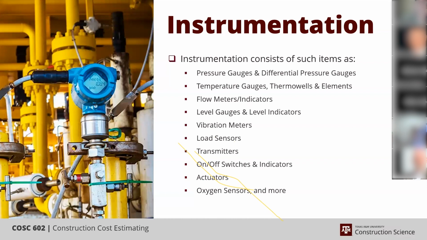So you can insert analyzers into a line or a piece of equipment, and then those analyzers will tell you what the makeup of that gas or fluid is. So it's analyzing the contents.